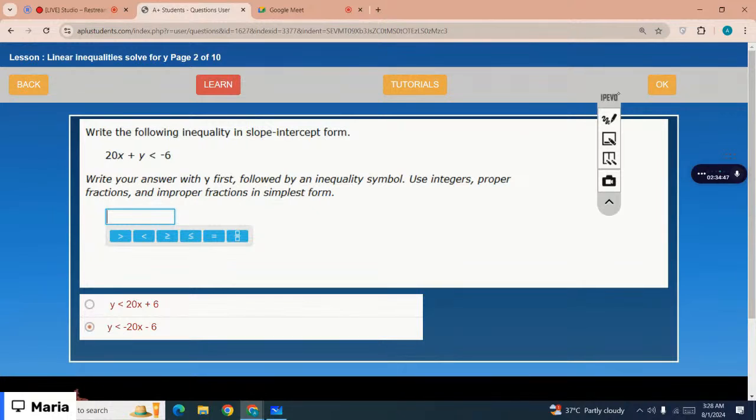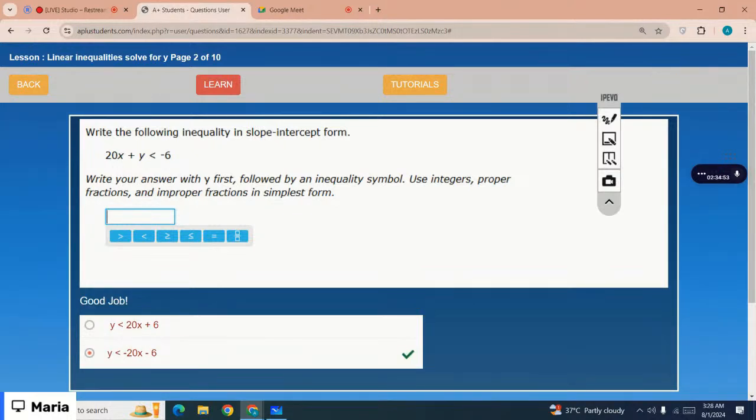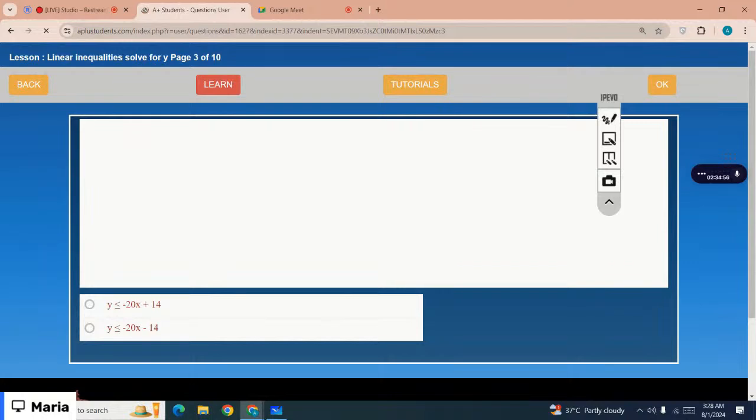Option number two is the correct option. That is y is less than negative 20x minus 6. Option number two is the correct option.